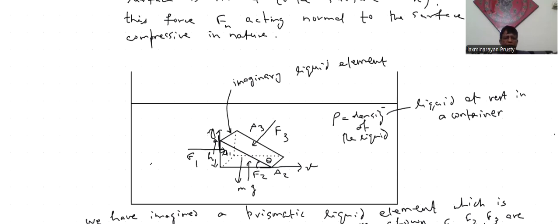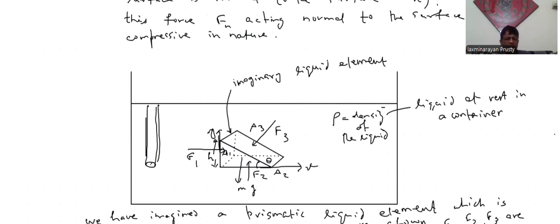So I'll take a horizontal area, calculate the force by taking the weight of this liquid column on it, divide by that area, and that will give me normal force per unit area. Then the next step will be to tend area to 0. That will give a value of rho hg.